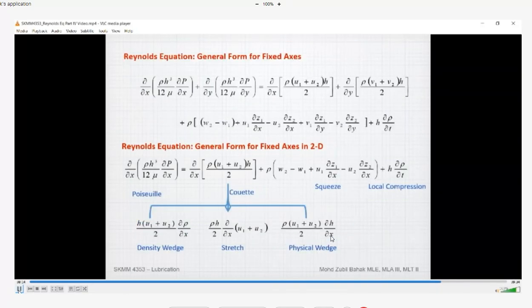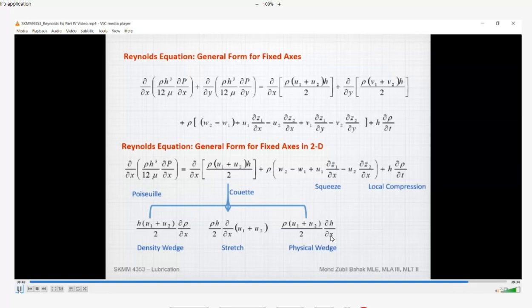And the Reynolds equation in general form for the fixed axis, we just repeat the same equation. Then if we put it in terms of a 2D equation, you have this equation which consists of the Poiseuille, Couette, squeeze, and also the local compression terms. We partially rearrange the equation, with the Poiseuille term on the left side and the rest on the right side.